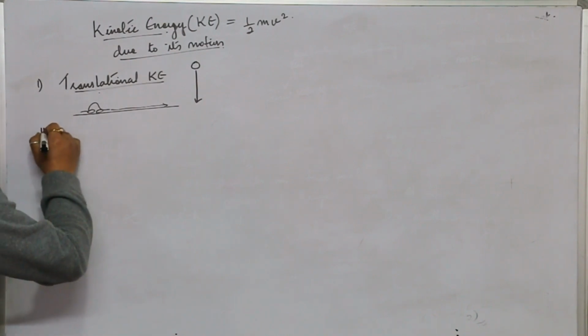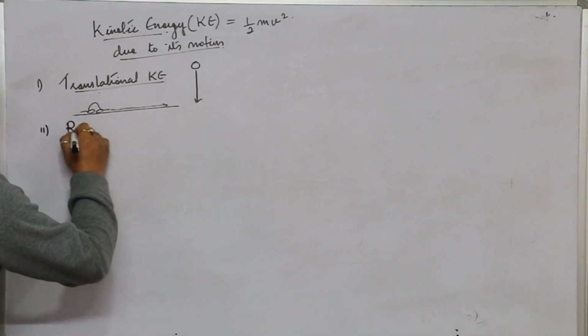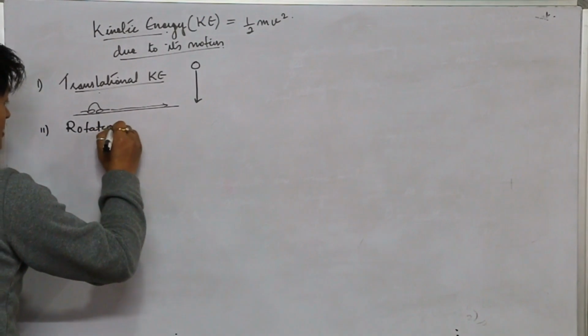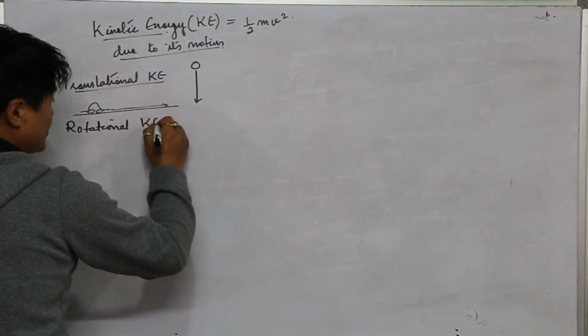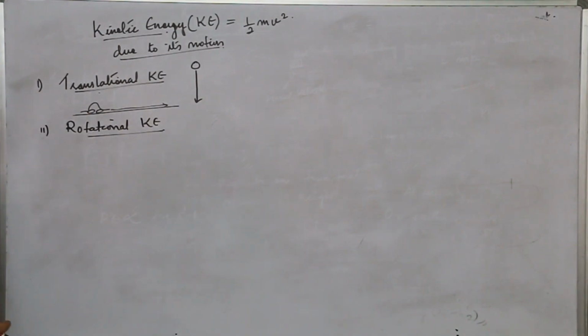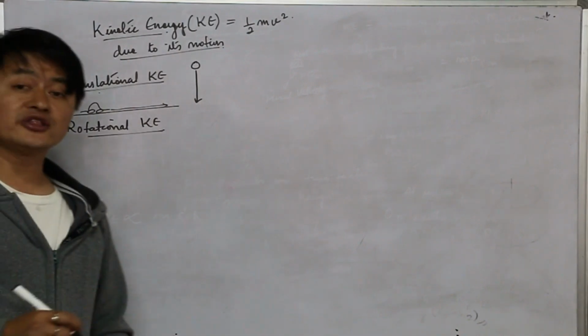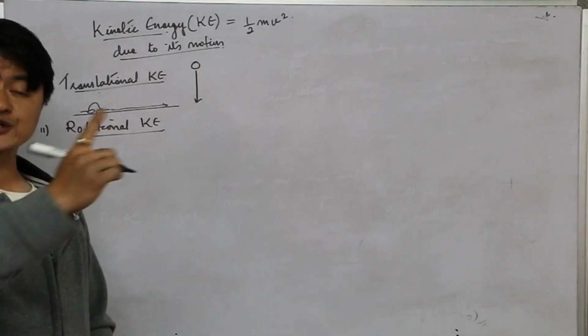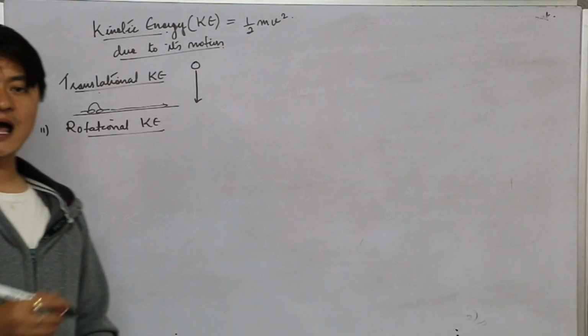And number 2 is rotational kinetic energy. So what is rotation? To rotate about its axis. Suppose you have a fan, and when we switch it on, the fan will start rotating about its axis.